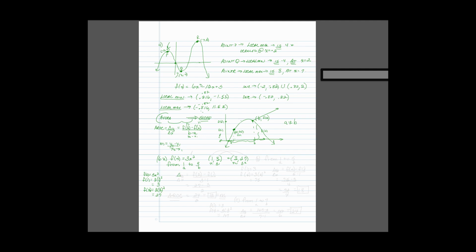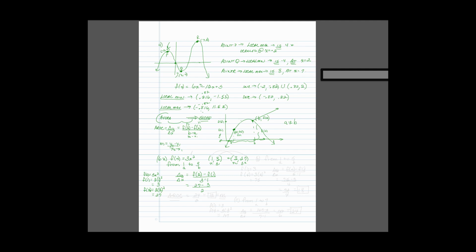So it's delta y over delta x, which is f of b, or f of 3, minus f of 1 over 3 minus 1. Well, we just found f of 3. That's 27. Minus f of 1 is 3.